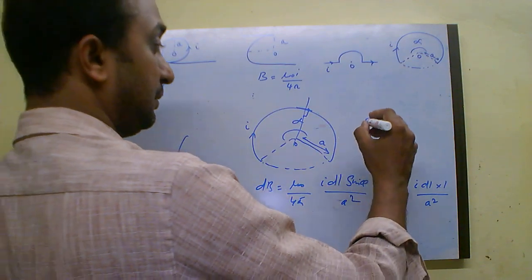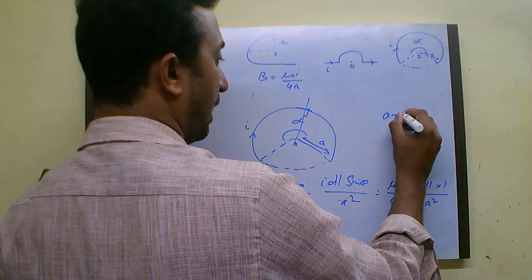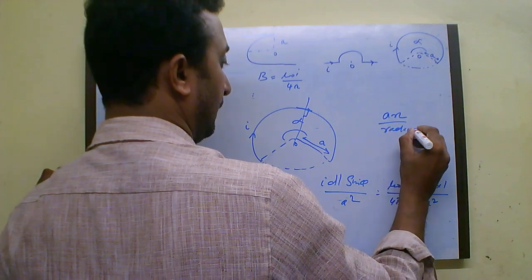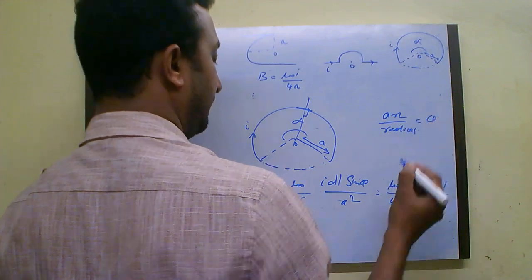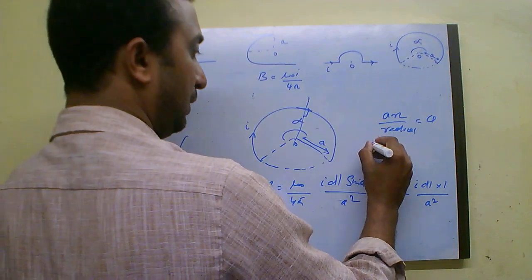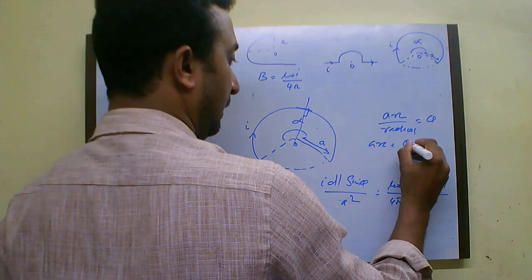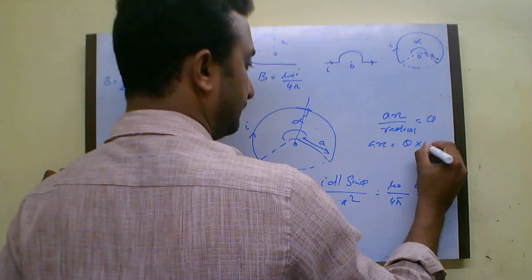Arc length is equal to angle times radius.